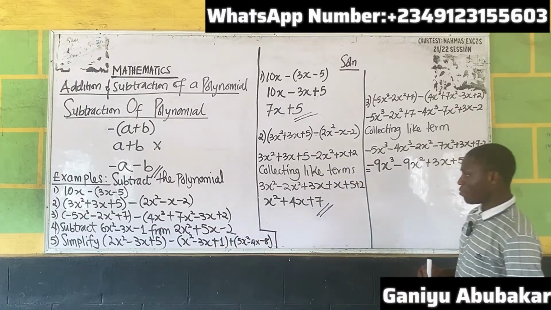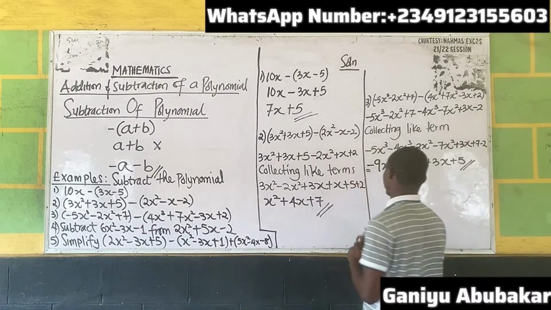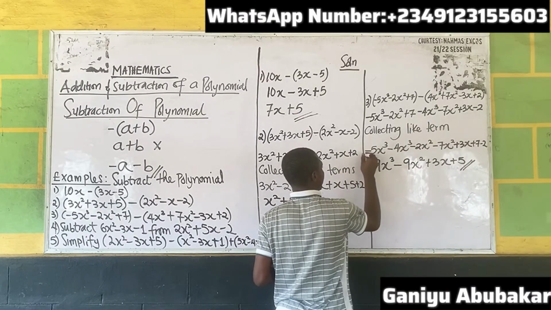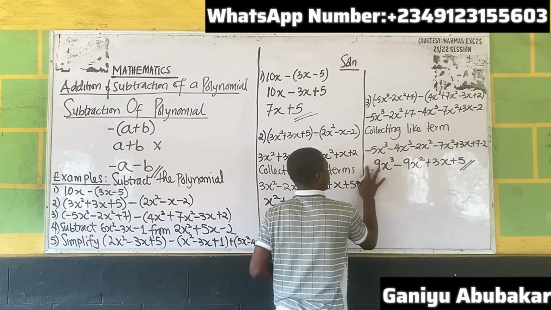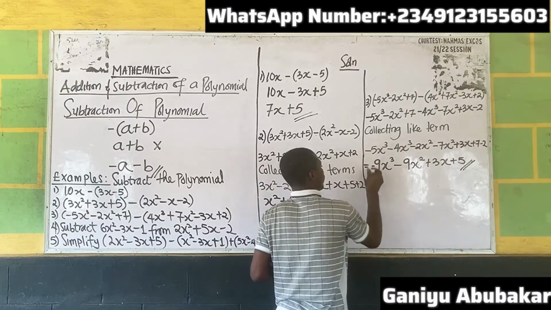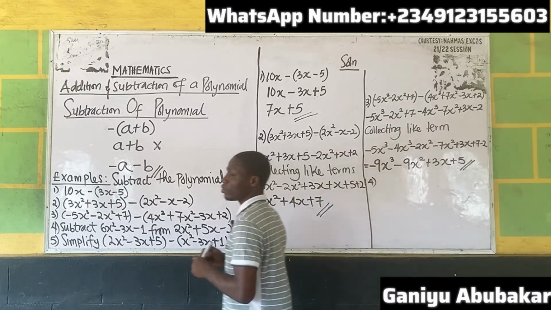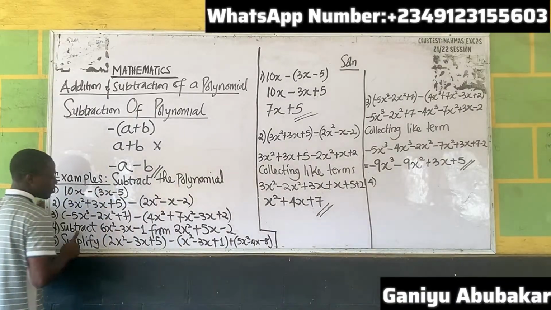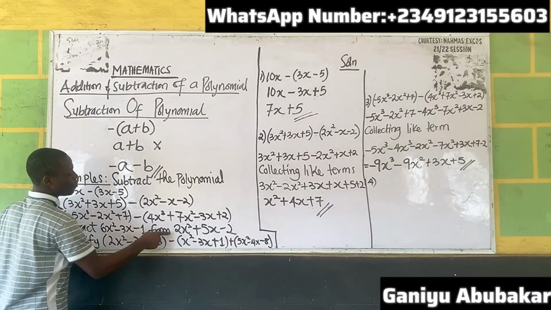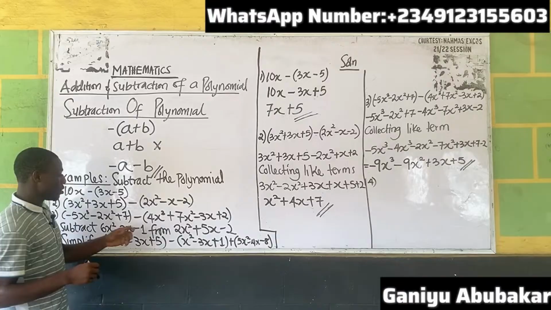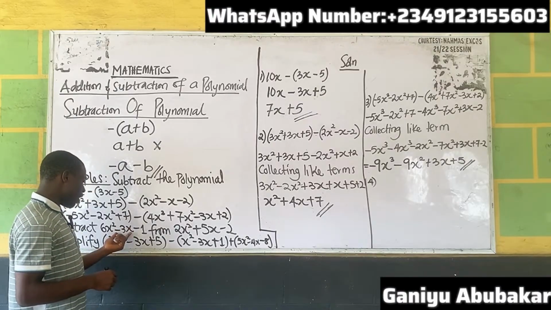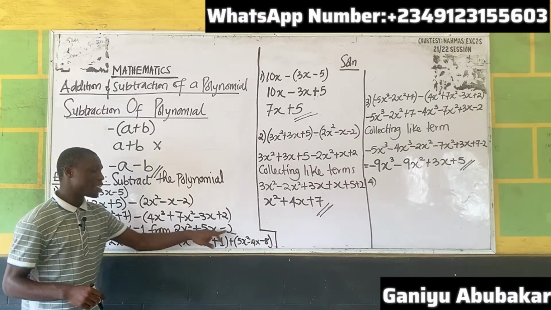Alright. So let's do question 4. For question 4, listen please, it says subtract this from this, right? I'm going to remove this value from this. So it means this one will start first.